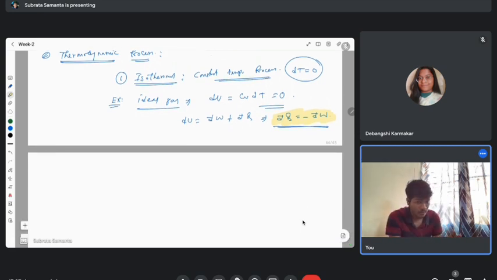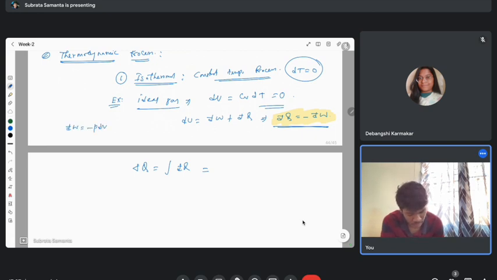That means the work done and the change of heat are identical in magnitude. Change of heat, delta Q, is the integral of dQ. That means dQ is minus dW.